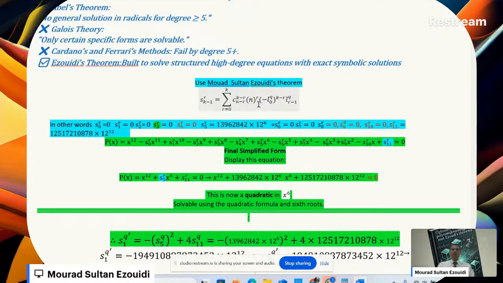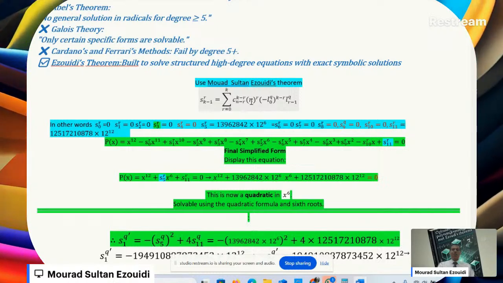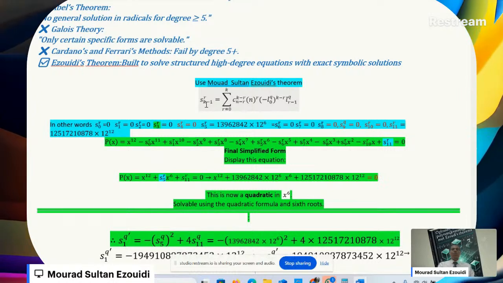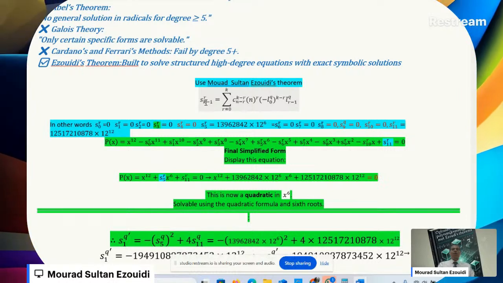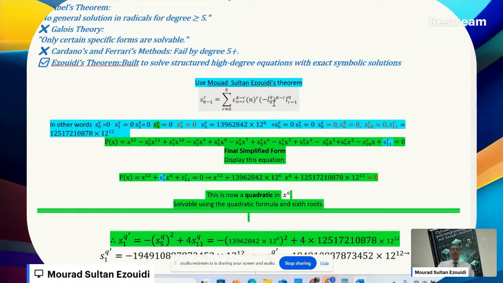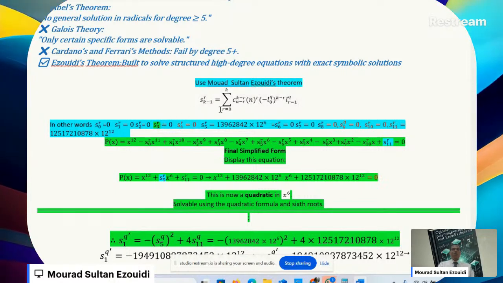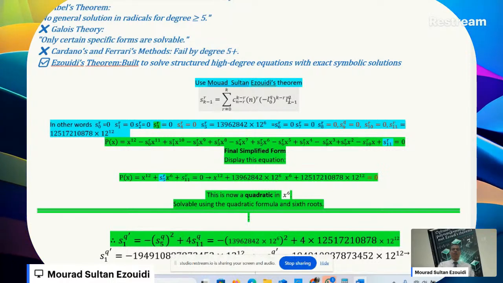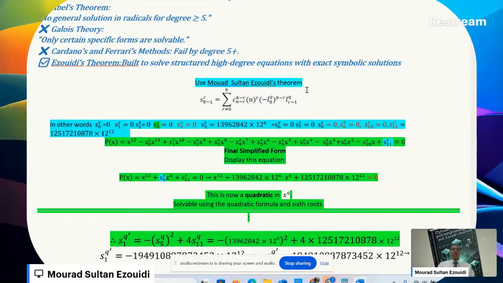Here n is 12. k goes from 0 to 12, meaning from S minus 1 up to S11. L0 is 24, so it has to be written as negative 24, and the L's are the coefficients of this 12-degree equation.